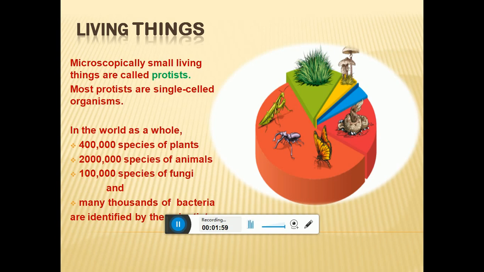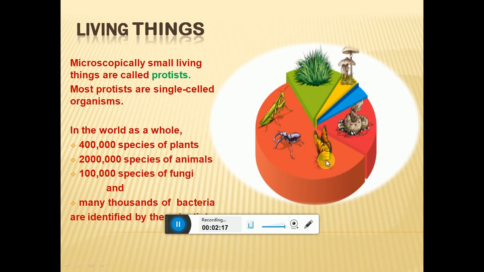Now we will divide the species that are identified so far by the scientists according to their numbers into this pie chart. So first of all, the largest part of the pie chart is carried out by the animals.